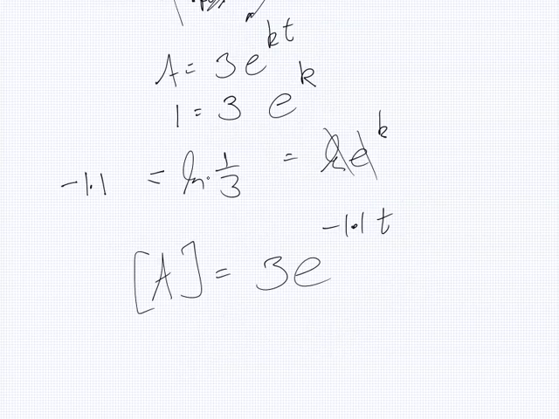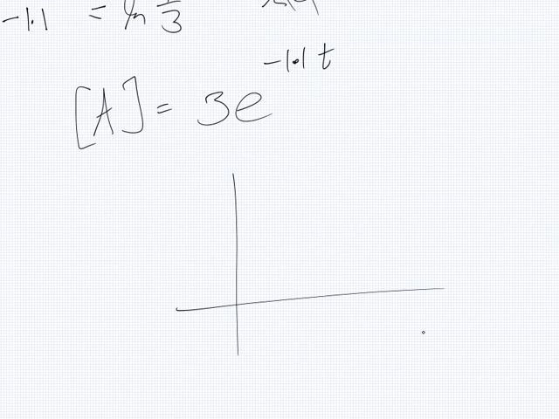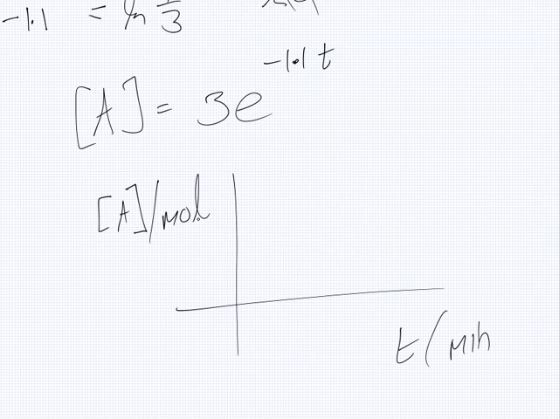Now, if you graph that, what type of graph do you get? An exponential graph. And what type of exponential graph? Starting at what number on the y-axis? 3, because remember, it's 3 at the beginning.